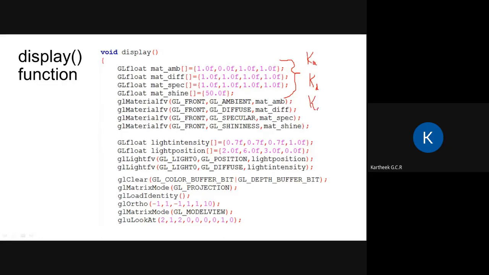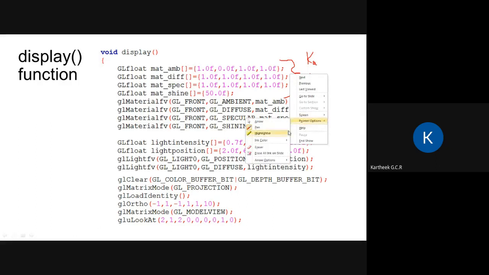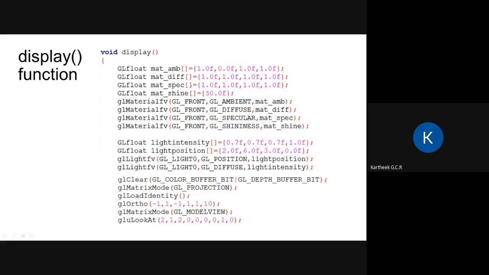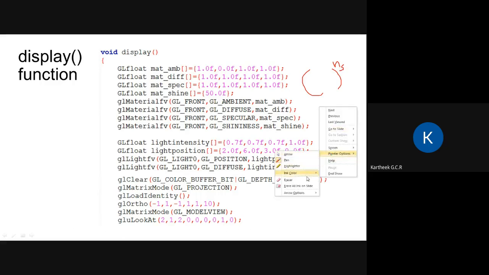These are the specular, diffuse, and ambient property constants that you select, right? You are specifying them here, and the shininess is basically the power of ns that you take in the specular property. So that you would specify.